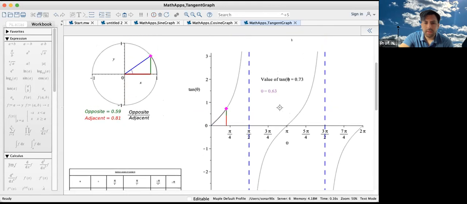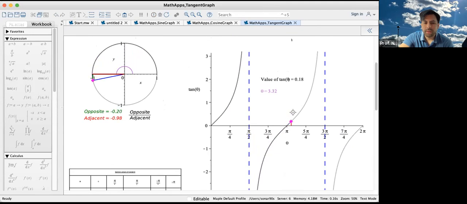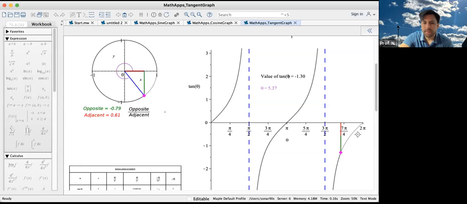And as you can see, as I move around, it just blows up because of the number getting really small. And then as you go around, again, it pops up again because my values get really tiny in the denominator. And so that's how tangent looks when you do one full curve from 0 to 2 pi.